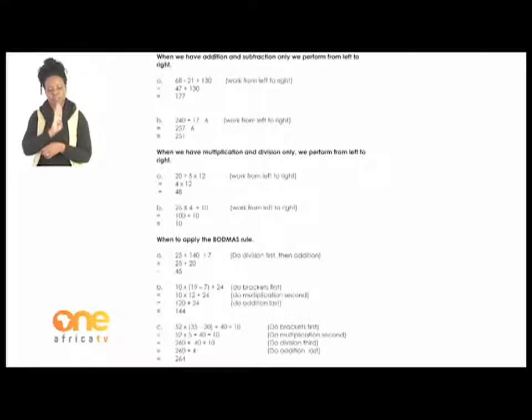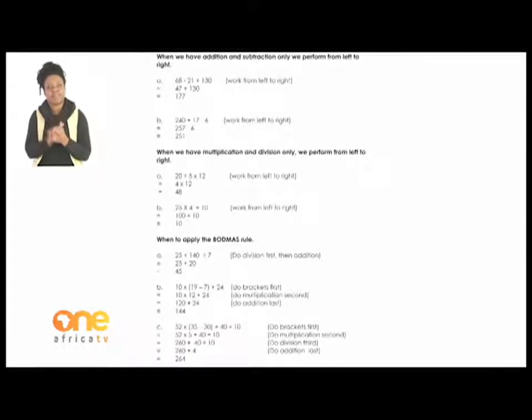Let's try example B. 240 plus 17 minus 6. Now in this example we will see the plus is before the minus. Remember what we said, they are like brother and sister. The one that comes first, that one we do first, working from left to right.